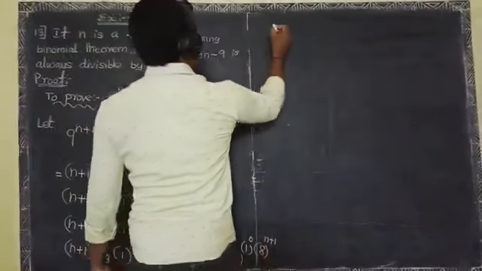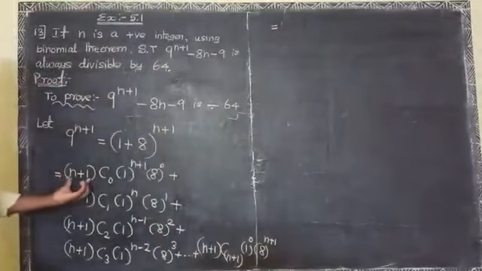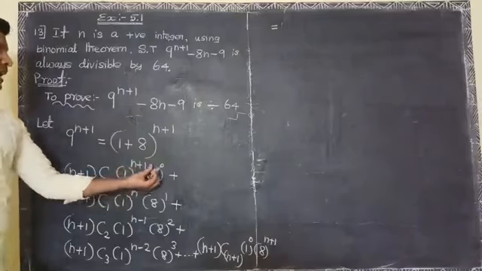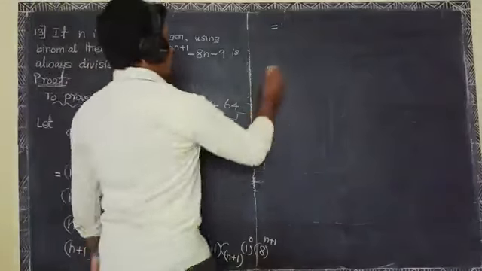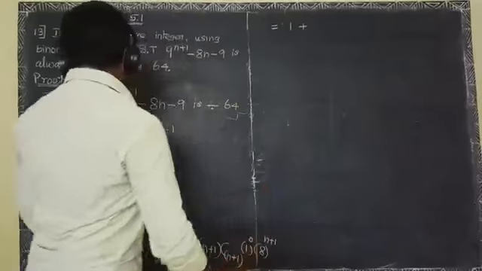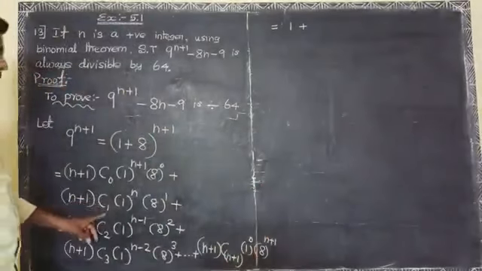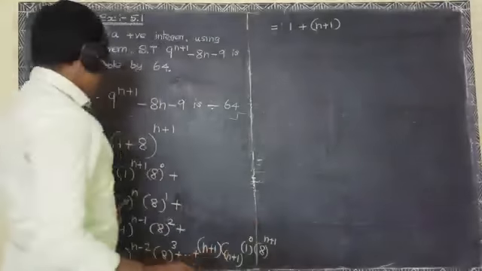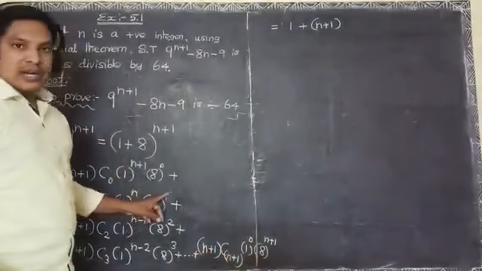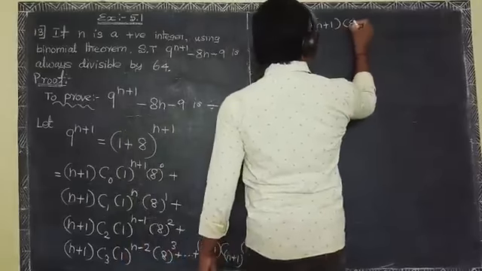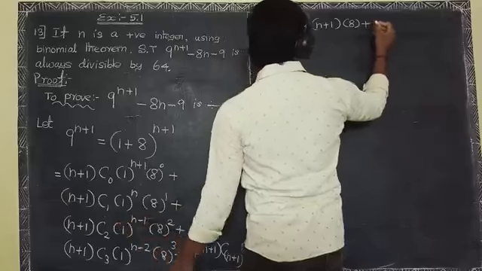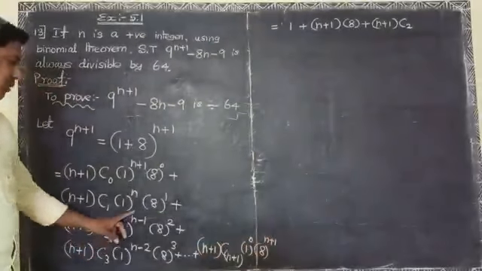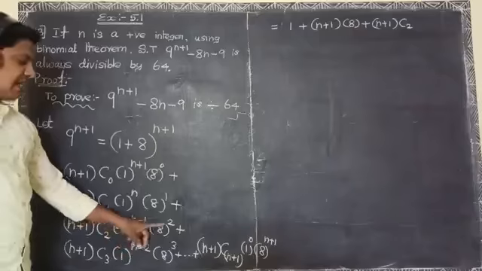Now simplify. n plus 1 c naught is 1, 1 power anything is 1, and 8 power 0 is 1. Therefore the first term is 1. The next term n plus 1 c1 means n plus 1, 1 power n is 1, 8 power 1 is 8. Plus the next term n plus 1 c2, 1 power n minus 1 is 1, 8 square.